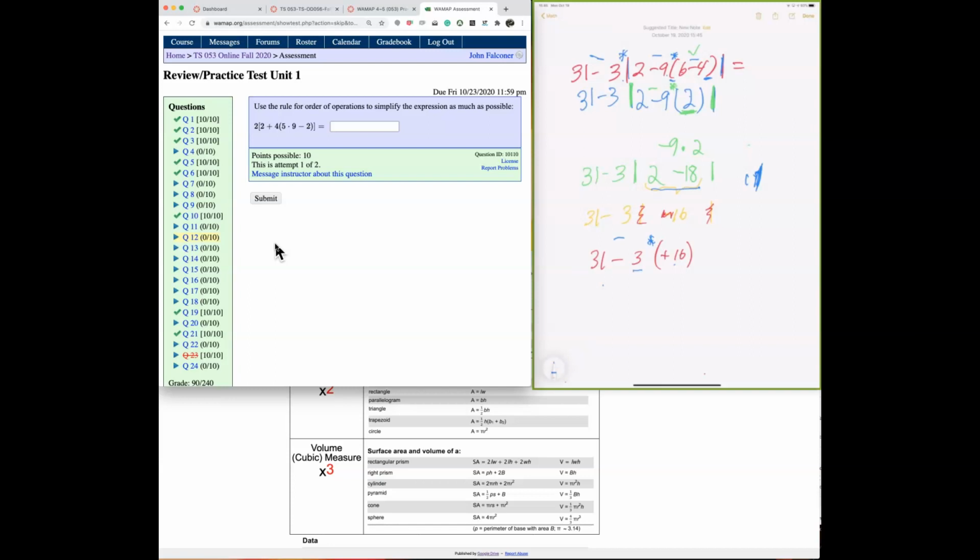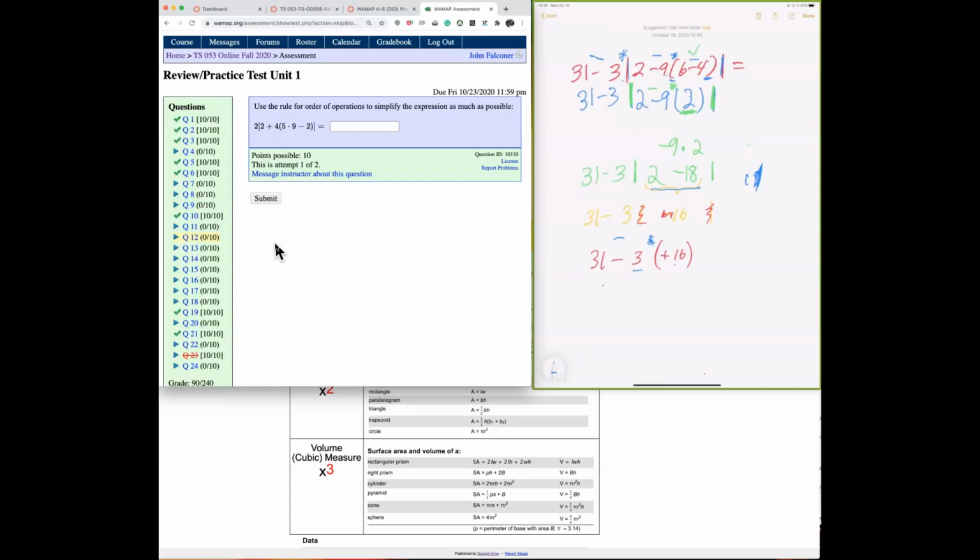Inside these square brackets, we've got addition and multiplication. So even though this is on the left and you would read it first, 2 plus 4 times 43, PEMDAS tells us that we have to multiply first. So we're going to evaluate this, 4 times 43.